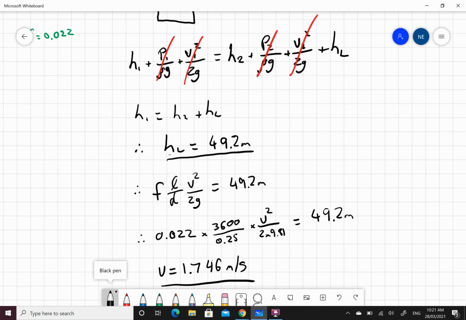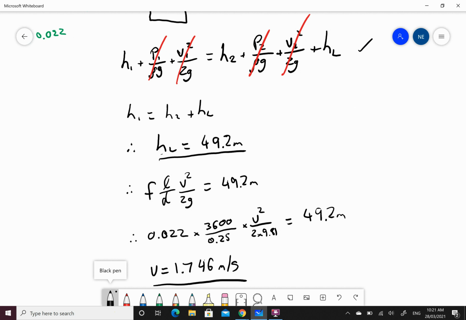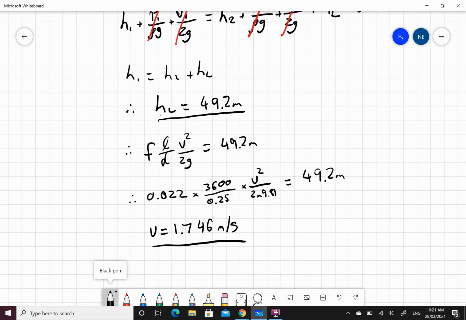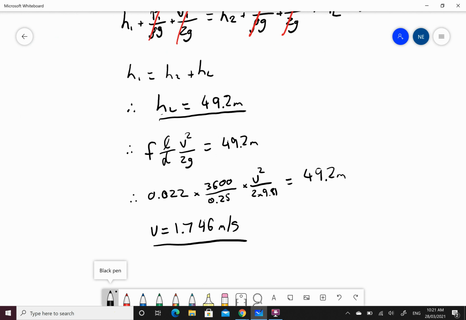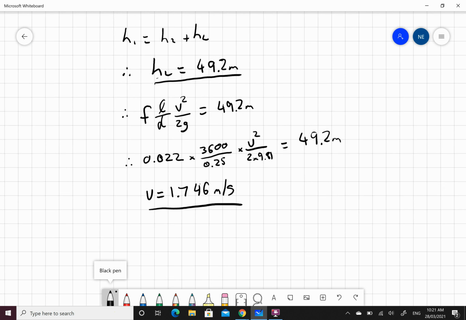So fairly mathematical, but with the energy equation, we rearrange it, fill in what we know the values to be, and we can calculate our velocity. So this is our starting point.